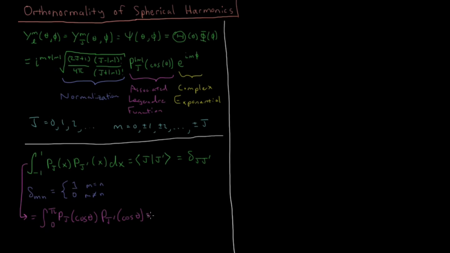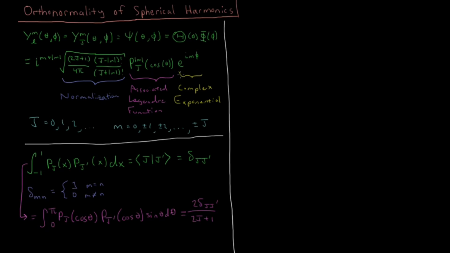And then that times sine theta d theta, which is the volume element for the polar angle in spherical polar coordinates. It's not just dx dy dz like it is in Cartesian. The volume element in spherical polar is r squared sine theta dr d theta d phi. So this sine theta comes from the different volume element when we go to spherical polar coordinates. But this integral is also going to come out to be a Kronecker delta, which is 2 delta j j prime over 2j plus 1.